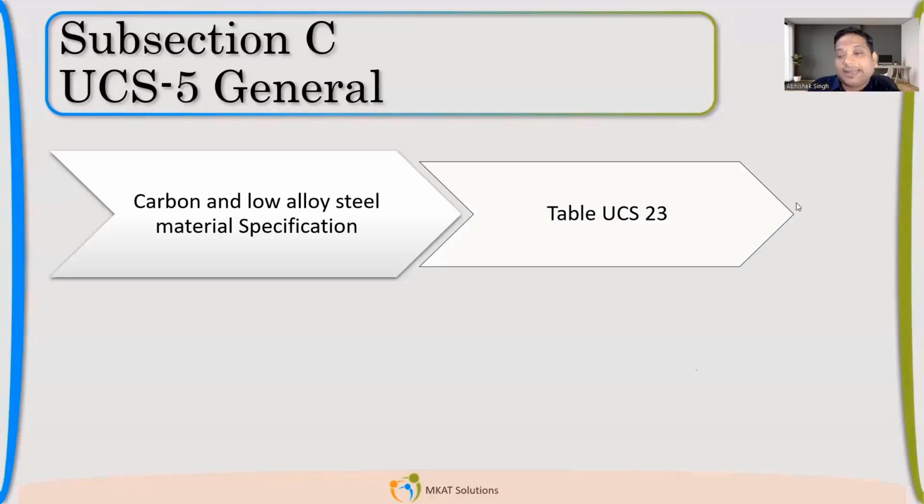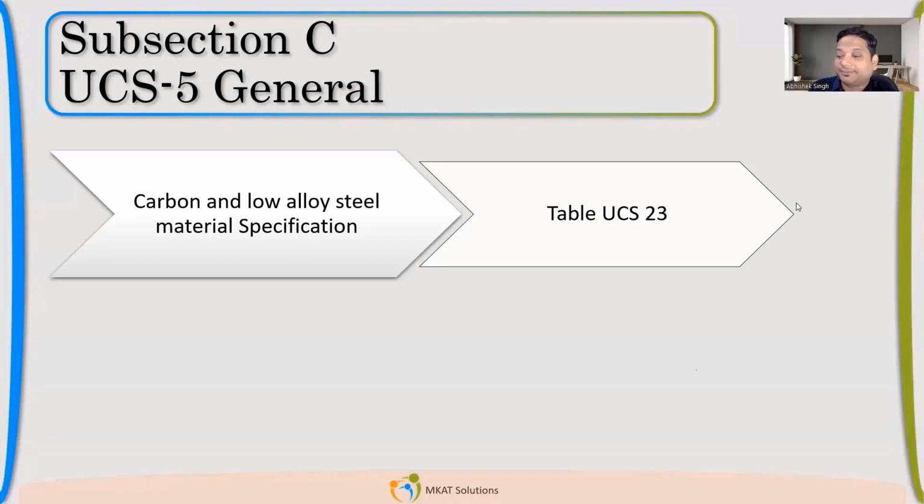Can I use any other material than what is given in UCS 23? Can I use any other material which is not there in the UCS 23 table?